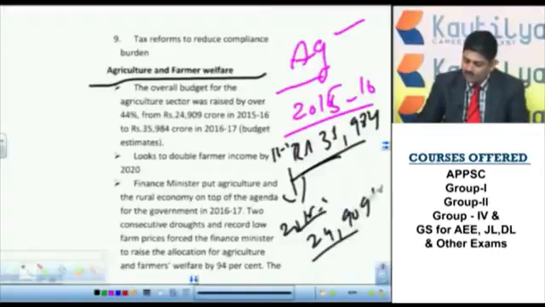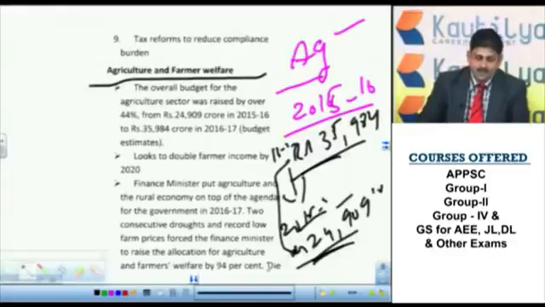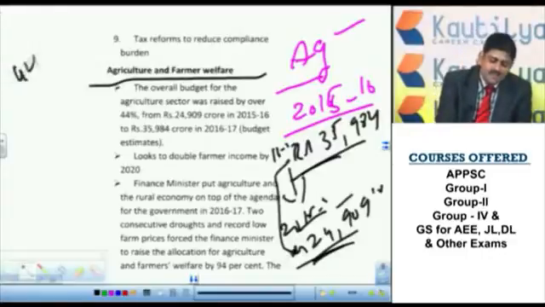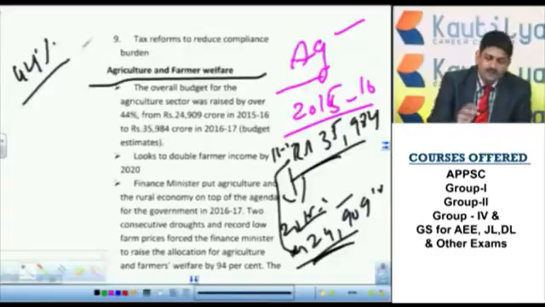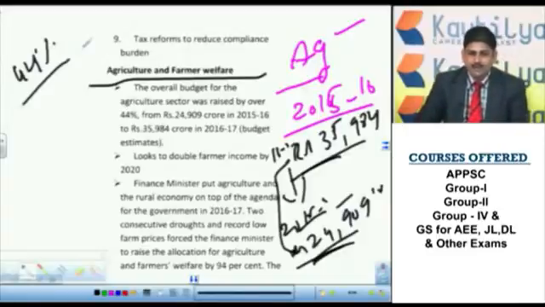Here you need not remember all these figures, just see them in terms of percentages. That means the percentage increase is 44%. So they may focus on this particular figure.